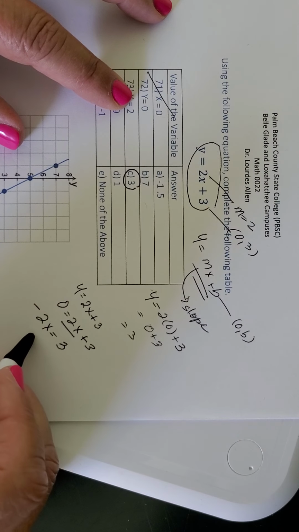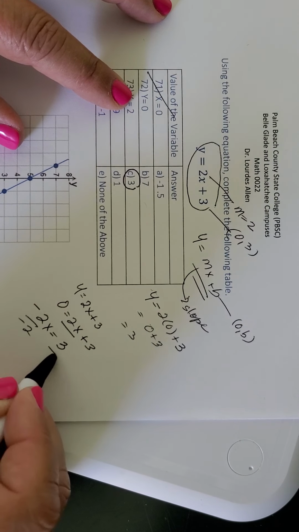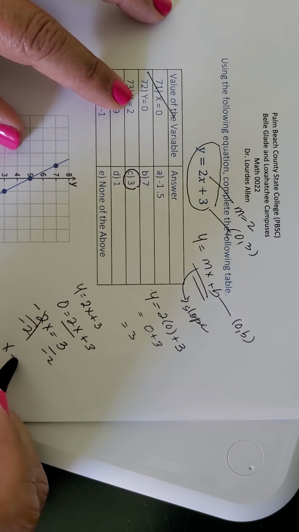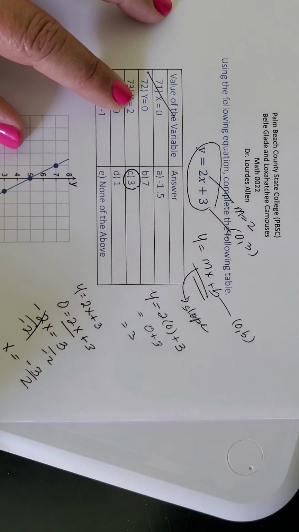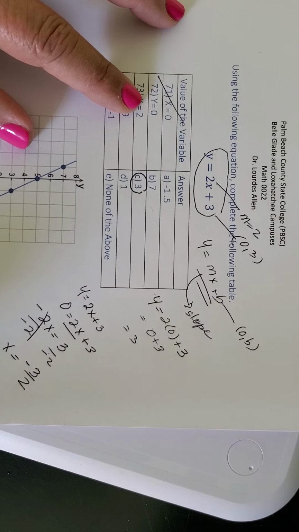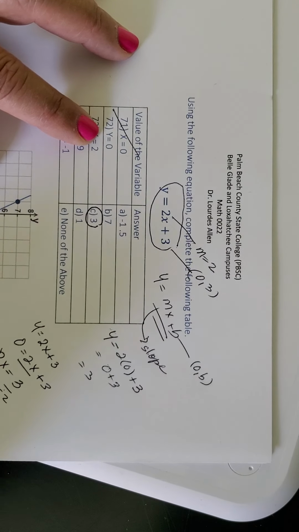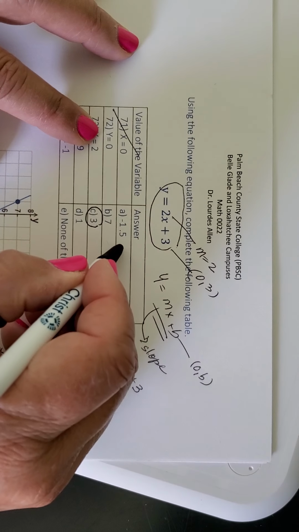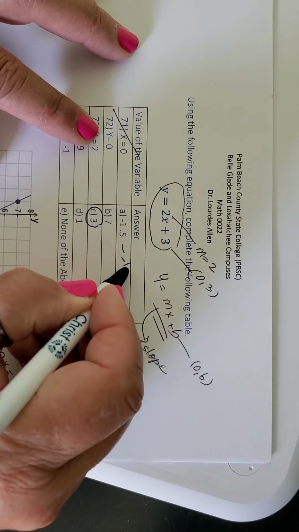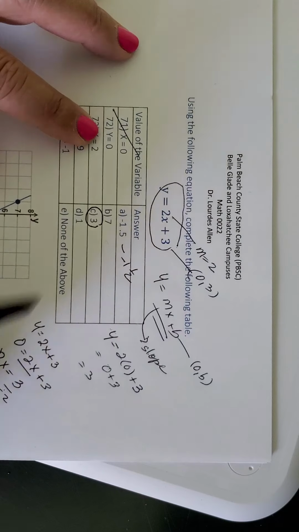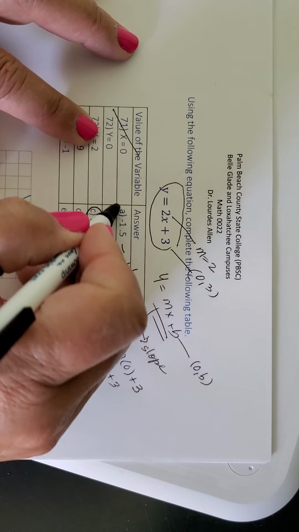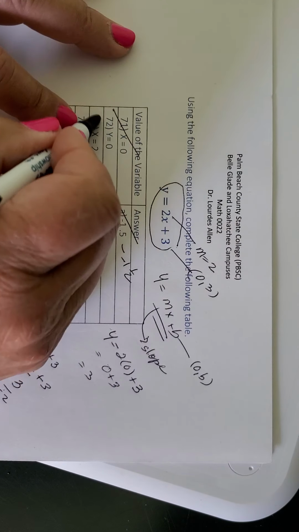And then to find the value of x, you divide both sides by negative 2. And x equals positive divided by negative is negative 3/2. So that means that when y equals 0, x is going to be equal to this one, negative 1 and 1/2, which is the same thing as negative 1.5. This is when y equals 0.